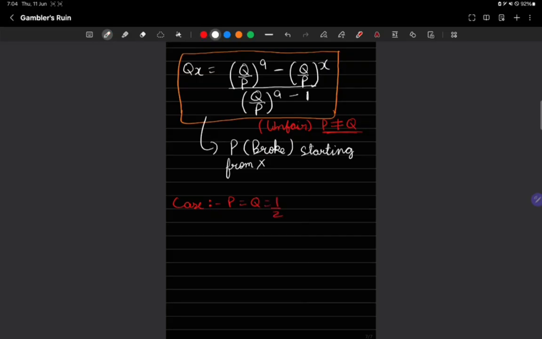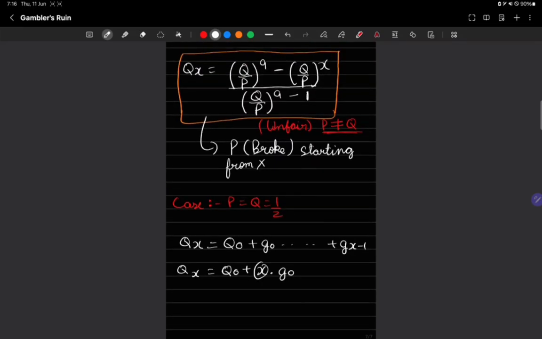But let's say the case where p and q are equal. So here we can use our original equation Qx is equal to Q0 plus G0 till Gx minus 1. Now here we can do one thing, so Qx becomes Q0 plus x into G0. So why am I writing x here?